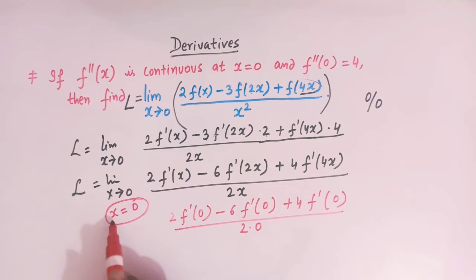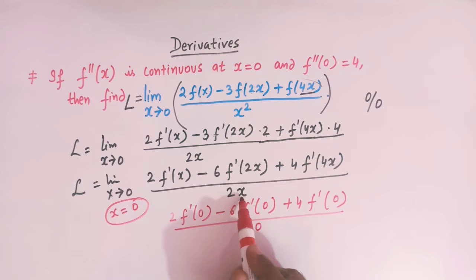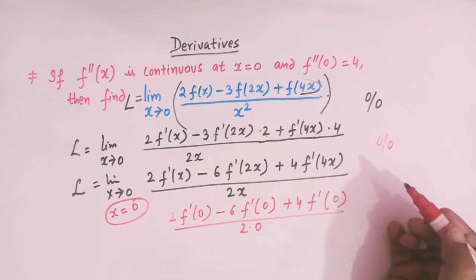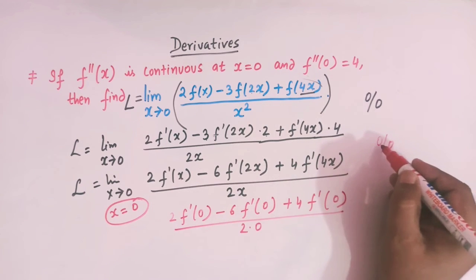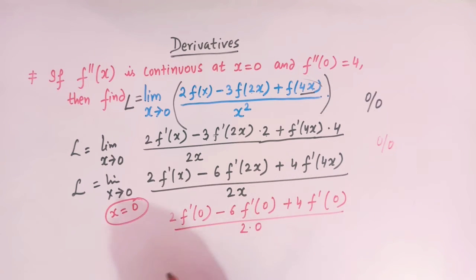So here we are again taking x is equal to 0 in the numerator and in the denominator to test whether we get the 0 by 0 form in the second step or not, right? Once we get the 0 over 0 form in this expression, we can again differentiate in the numerator and in the denominator. So now let us simplify it.